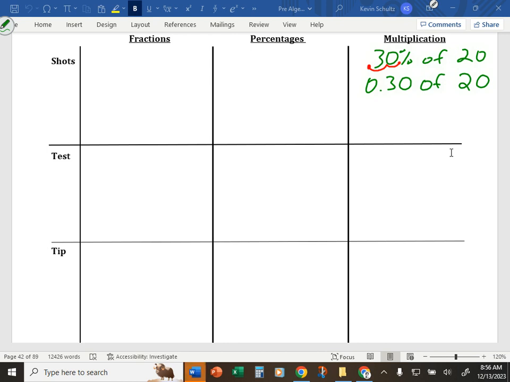Most of us probably don't know what 0.3 times 20 is, because remember the word of means that you can multiply. However, why math is so much fun is that moving a decimal over twice in one value is the same thing as moving the decimal over once in both values. And what you get as a result, instead of 0.3, you get 3.0.